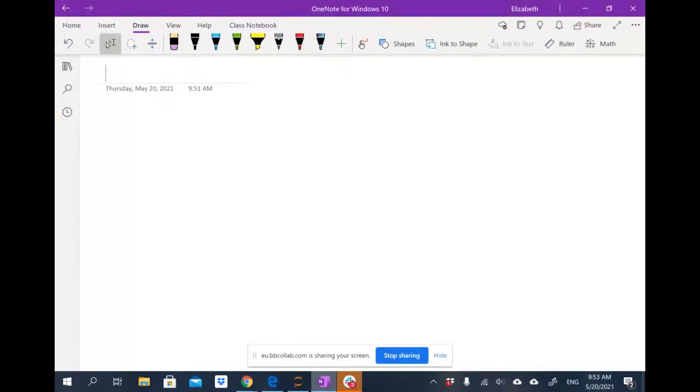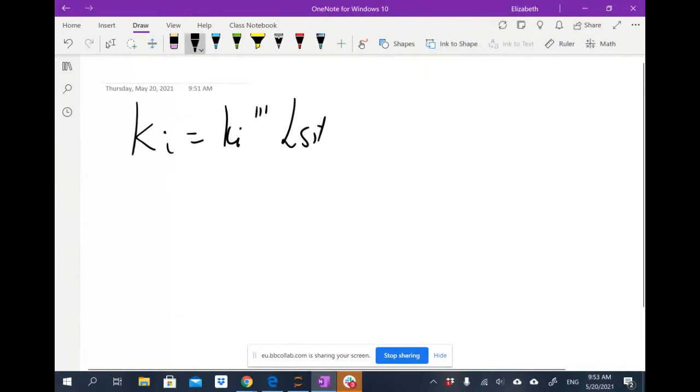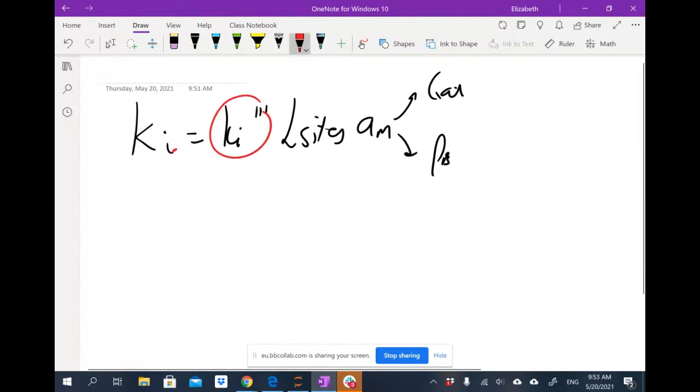Right, so first off, the temperature dependence. When we have our train of rate constants, Ki triple dash, L sites, AM, and then either C cat or rho bed, this one, when I consider the intrinsic rate, has Arrhenius temperature dependence.